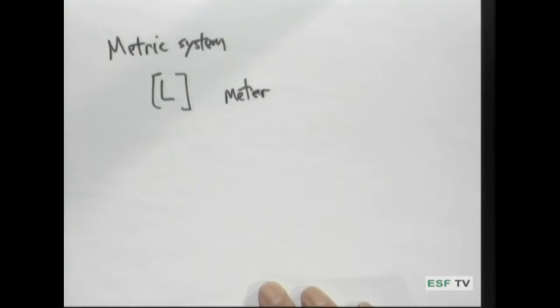And the meter is defined as a particular standard length. For a long time it was defined as the length of a rod of platinum and iridium kept in a vault in Paris. We have different standard measures of the meter right now, but the meter stands as the fundamental unit of length in this system.